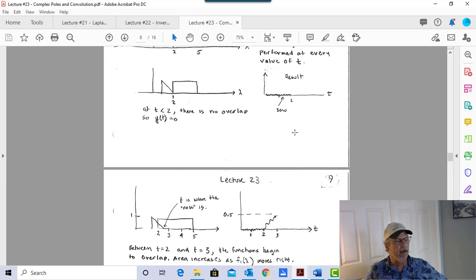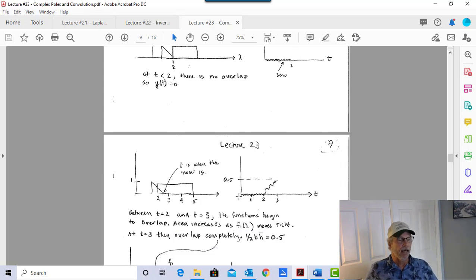Let's do that. So again, here's my output or my time domain result. And I was 0 before t equals 2 because my triangle had not started overlapping. So now it's going to start overlapping.